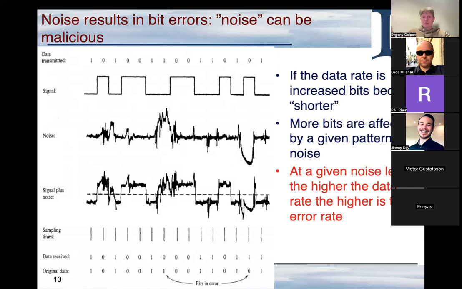And this noise, what is important, corrupts the bits. And the more bits you stuff into a single signal element, the more information you lose for a given amount of noise.